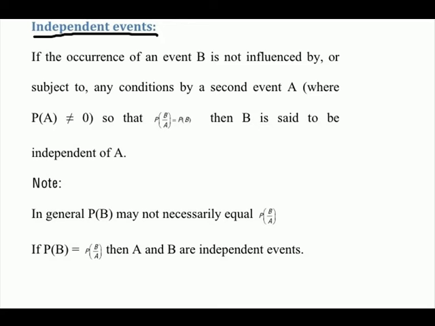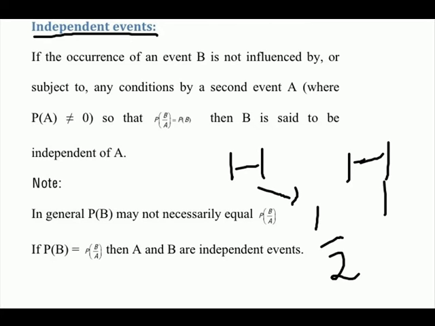A classic example is when you toss a coin twice: the probability of getting a head in the first toss and the probability of getting a head in the second toss are completely independent of each other, which means that if you get a head first, that in no way means that the probability of getting a head second is any greater or lesser. It is still in both cases equal to half and half.